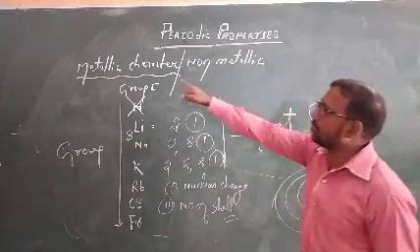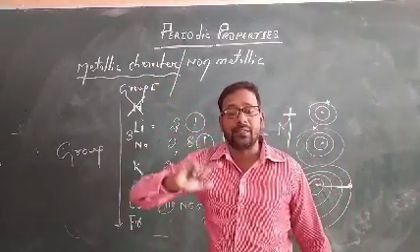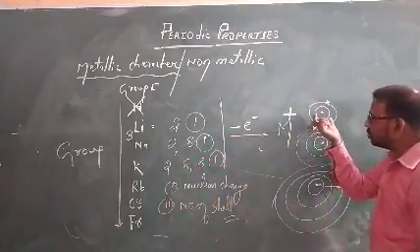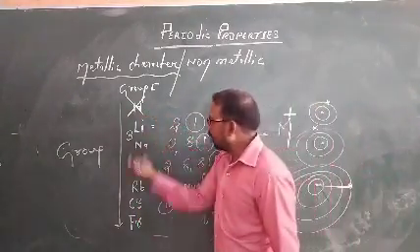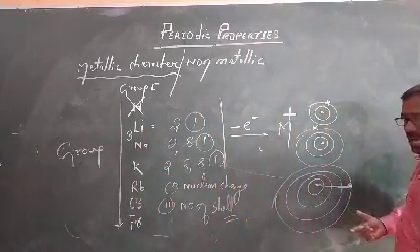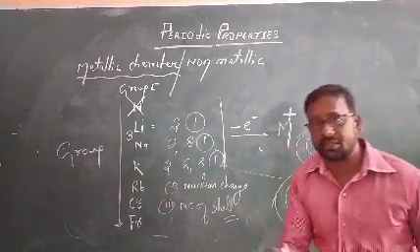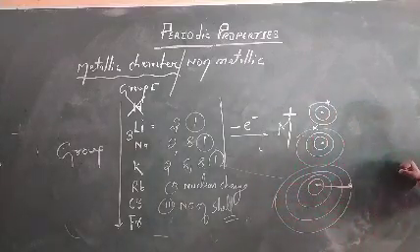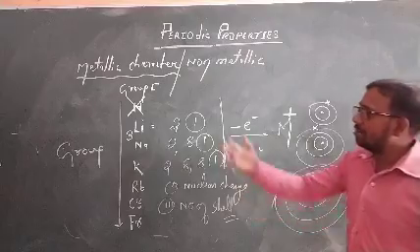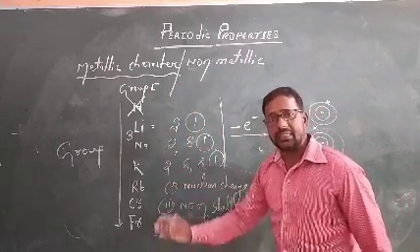And what is the character of metal? Metals have a tendency to lose electrons. Once you move from top to bottom in a group, size increases, attraction decreases, and with very little effort you can withdraw the electron from the shell, so simply you can say that metallic character will increase.